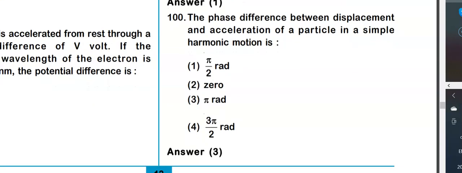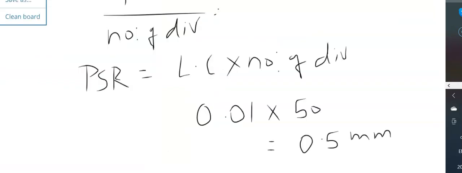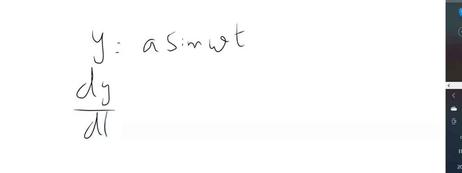100th question. The phase difference between the displacement and acceleration of a particle in a simple harmonic motion is, this is very simple. We all know y is equal to a sine omega t. So, this is displacement. Whenever we differentiate displacement with respect to t, you get the velocity. So, dy by dt, that is velocity, is equal to a omega cos omega t.